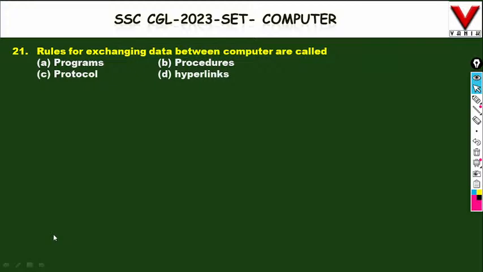The rules for exchanging data between the computers are called as. The first is programs, procedures, protocols, hyperlinks.